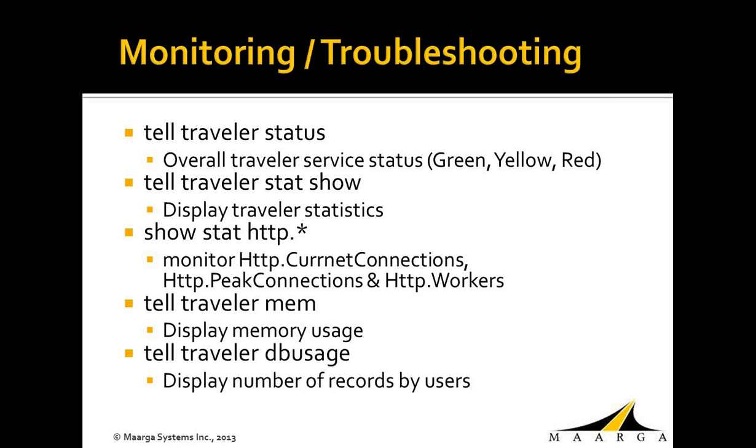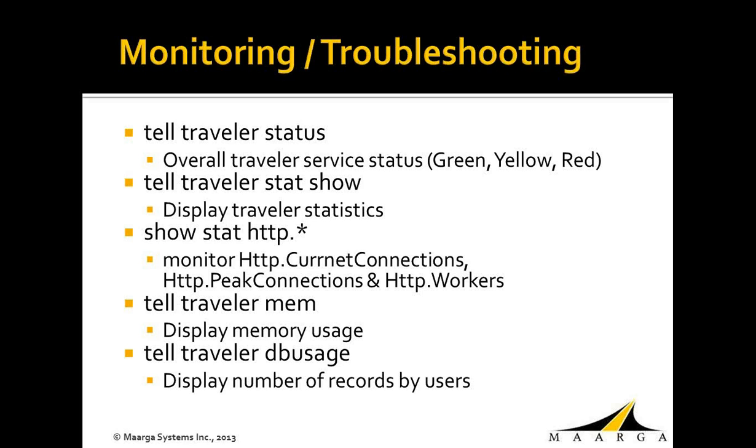In that case, Traveler will give you yellow status, saying the mail read speed between the Traveler server and the mail server is beyond 2 seconds. If you are sure that's your normal latency, you can adjust the Traveler server setting so that it will not mark this delay as yellow.